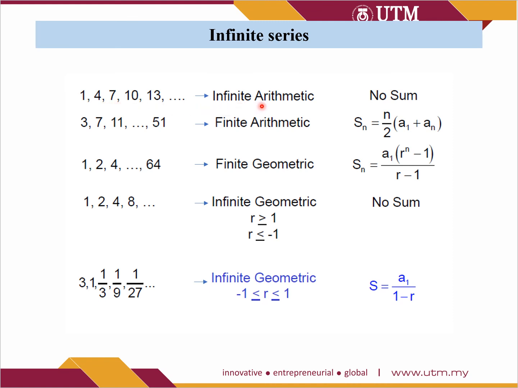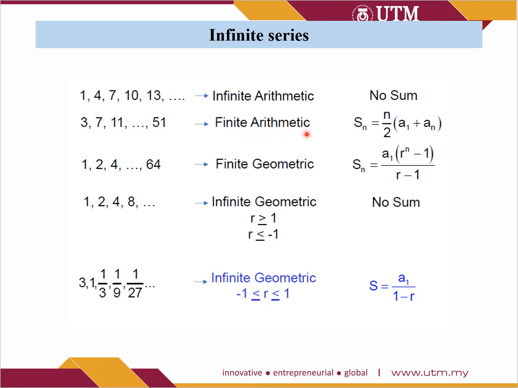So for infinite arithmetic, there will be no summation. Meanwhile, for the finite arithmetic, to get the second term here, it will be 3 plus 4, 7 plus 4, which is 11, and so on. And at the end, for this sequence, the last term is 51. So since we have the final term, it is called finite arithmetic.